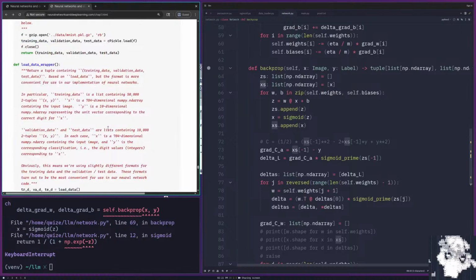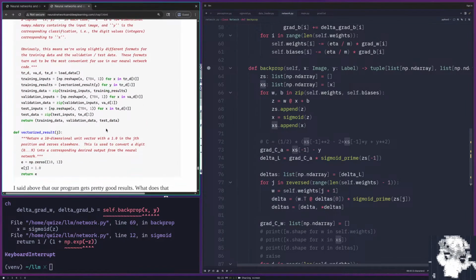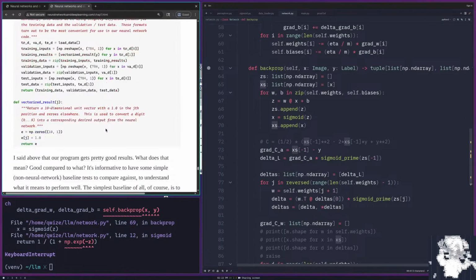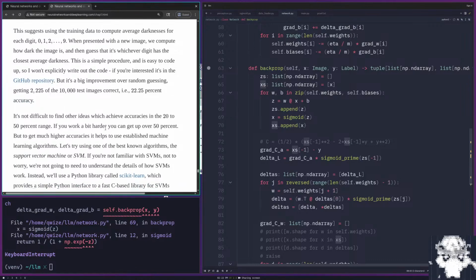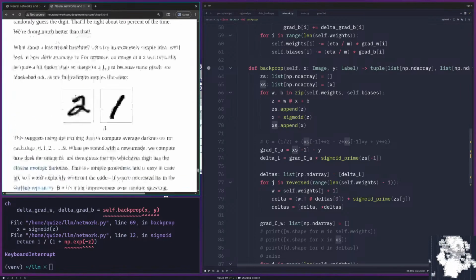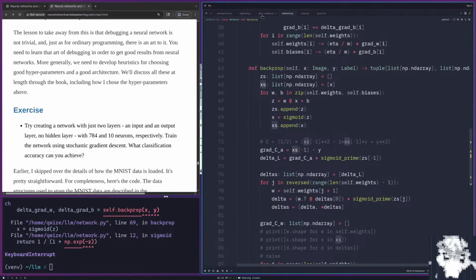Is that in here? I don't know if that matters. But we can try changing it.